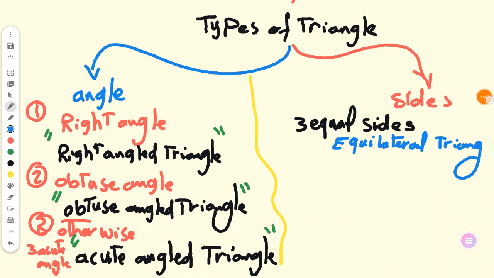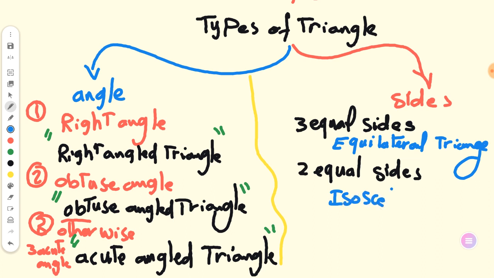Okay? And if it has only two equal sides, we call this triangle an isosceles triangle.